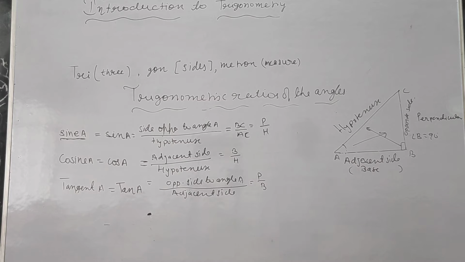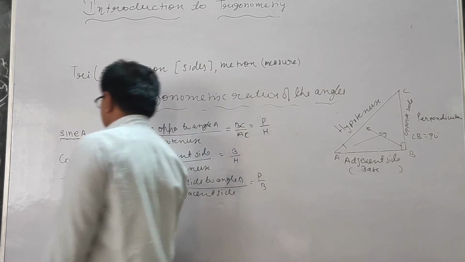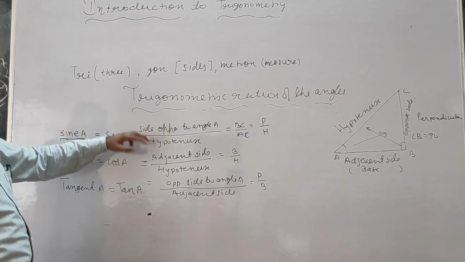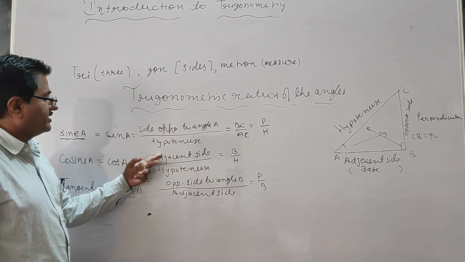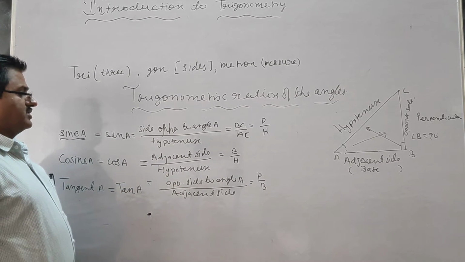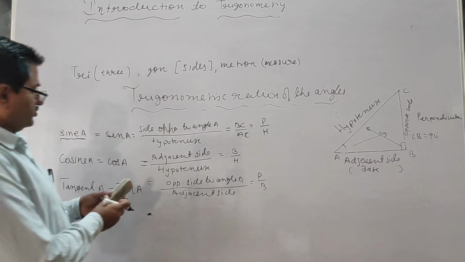Clear? Now if you take the reverse of all these three, we get hypotenuse upon the side opposite to angle A, hypotenuse upon the adjacent side, and the adjacent side upon the opposite side. So we get three more ratios.